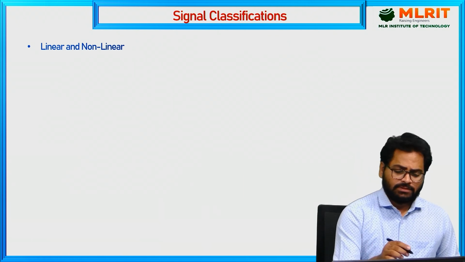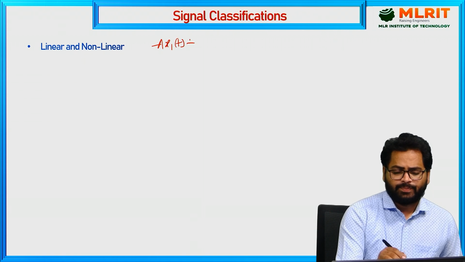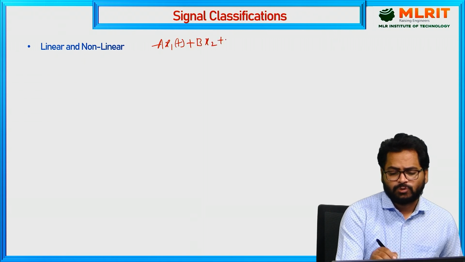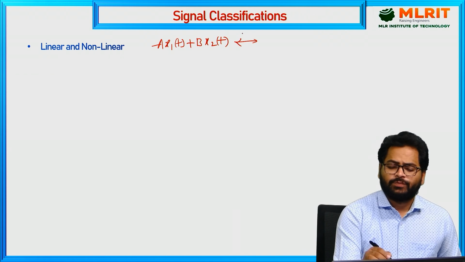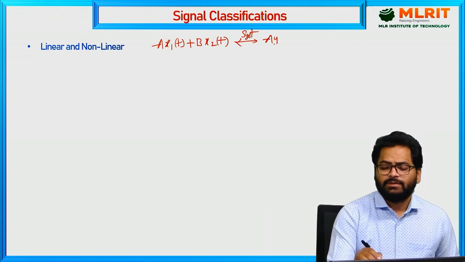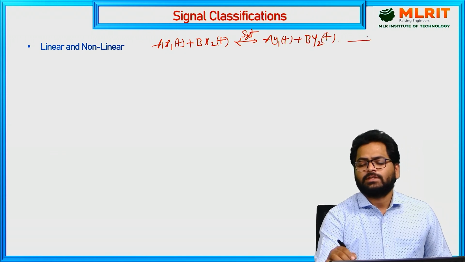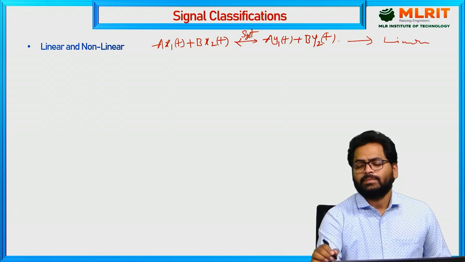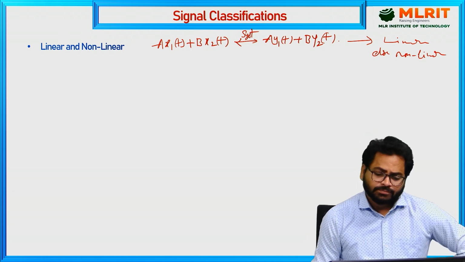Next, take the same one: a into x1 of t plus b into x2 of t. For the same system, if I am able to write a into y1 of t plus b into y2 of t, then the system is linear, else non-linear. This is the definition of a linear system.